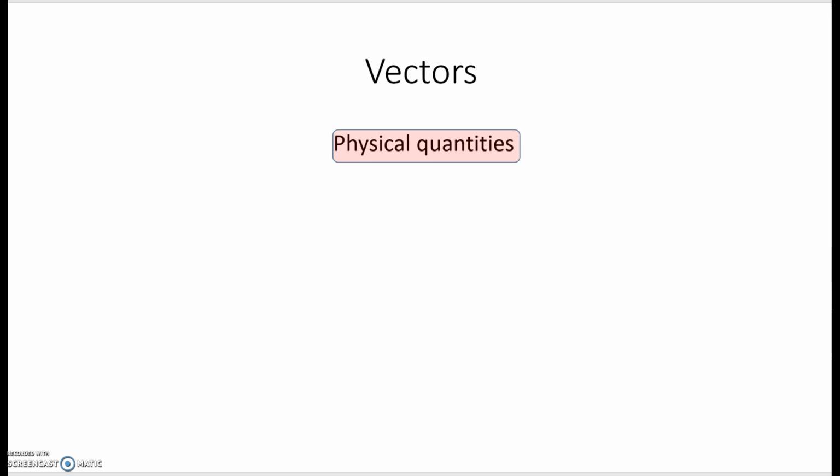We can divide physical quantities into two groups. We can divide them into scalars, and we can divide them into vectors. And the difference between these is that a scalar has a quantity, a size, but no direction, or the direction is irrelevant.